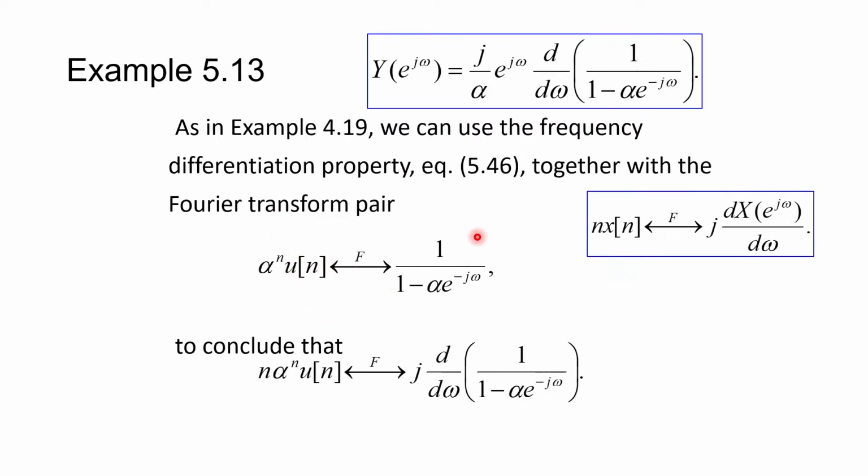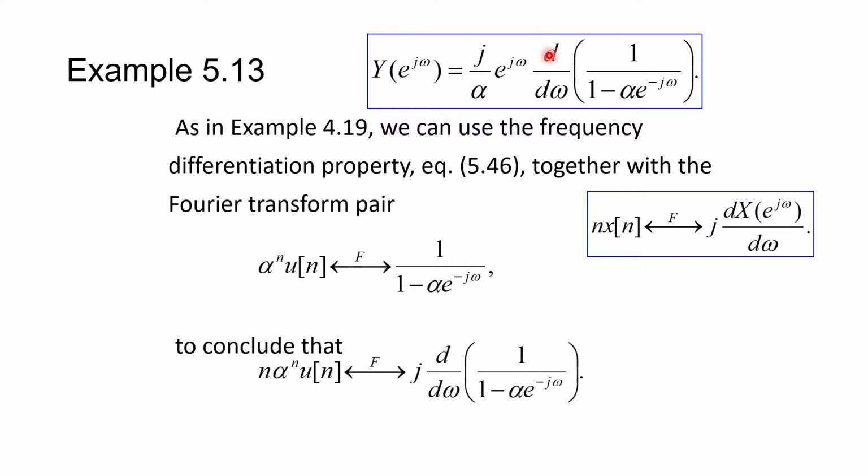The exponential decay's Fourier transform is 1 over 1 minus alpha e to the minus j omega. Then you do differentiation on both sides, and on this side you get a minus jn here. And you can switch the j to here, and then you compare this to this.